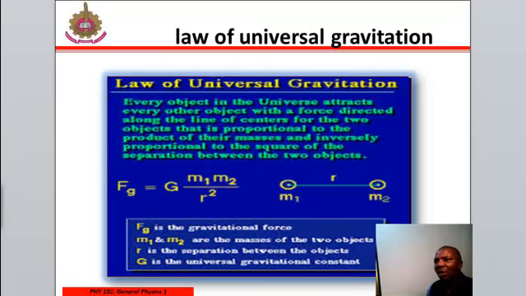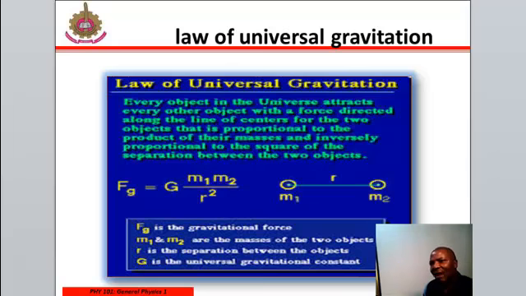Let's look at the law of universal gravitation. Every object in the universe attracts every other object with a force directed along the line of center for the two objects that is proportional to the product of their masses and inversely proportional to the square of the separation between the two objects.